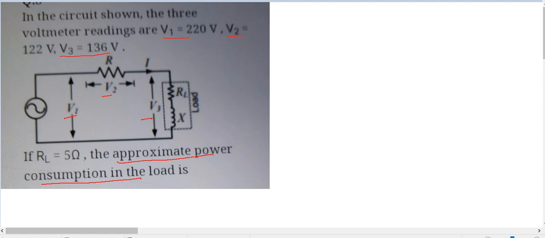So this is V3. I can say V3 is the voltage across this RL plus j times the voltage across this reactance. The magnitude of V3 is the square root of VRL square plus Vx square.